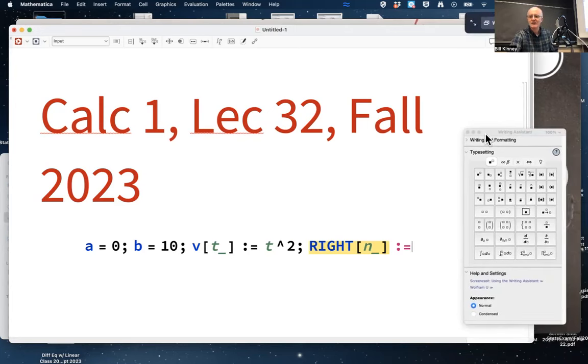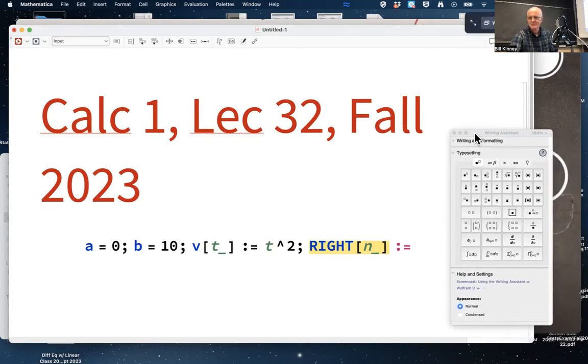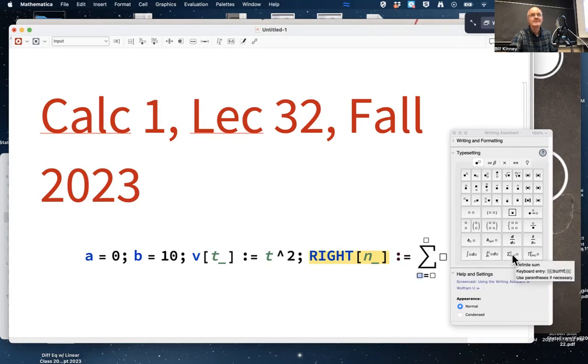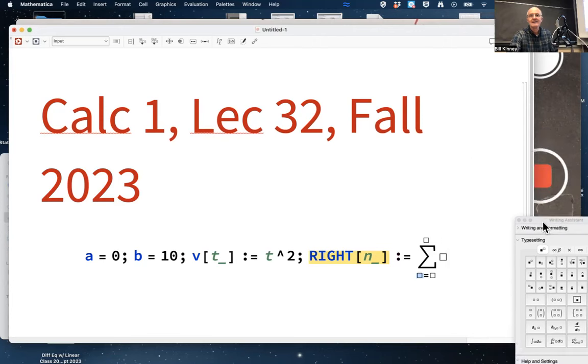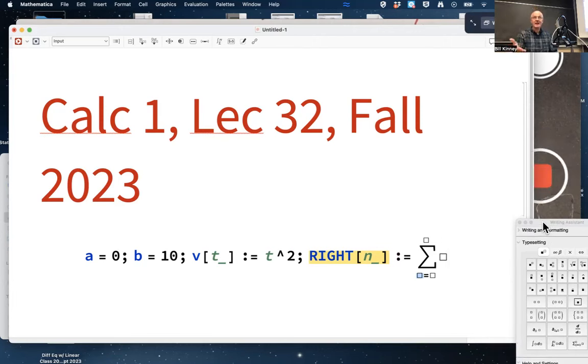I can use the summation symbol. That's how. On the palette, it's right there. Boom, there it is. Summation, capital sigma means summation, add. I need an index of summation. That's essentially just a letter representing something.